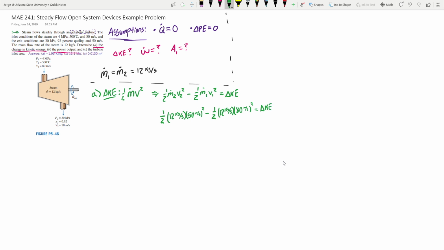If we evaluate that, I'm just going to save the effort and tell you what it is. The change in kinetic energy is equal to negative 1950 joules per kilogram, or negative 1.95 kilojoules per kilogram.